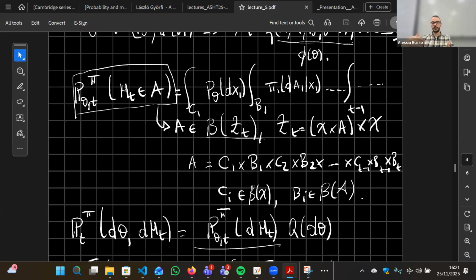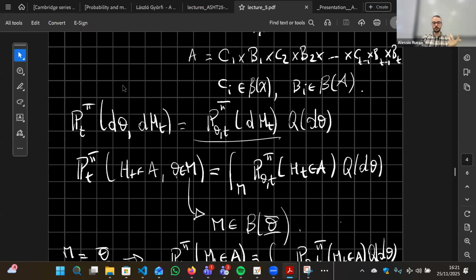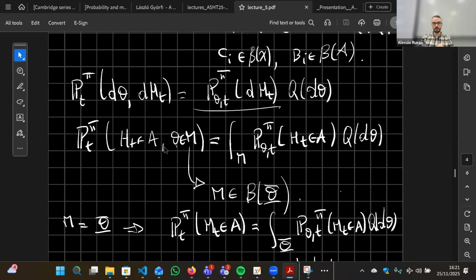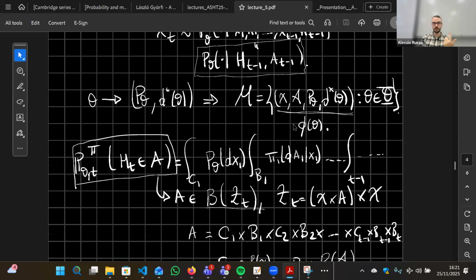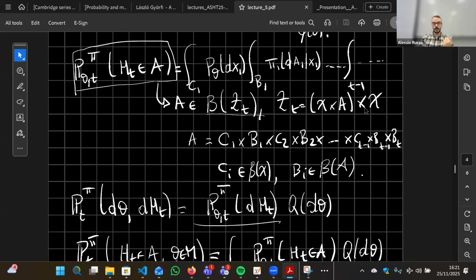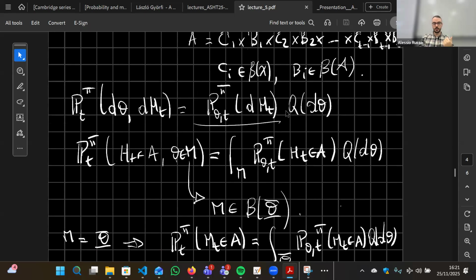Once we define the likelihood, so the probability measure of a trajectory, we can also define the joint measure over trajectories and models. Assuming we call Q the prior over theta, so over this set, we can define the joint measure in this way.